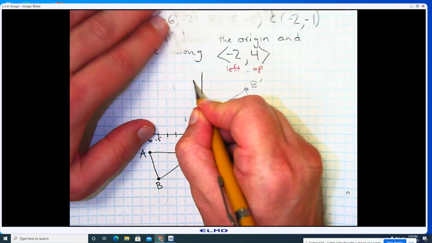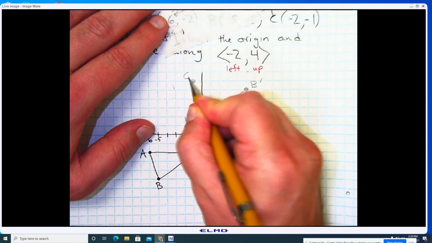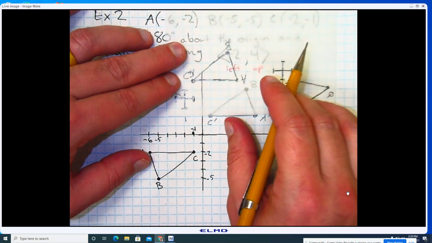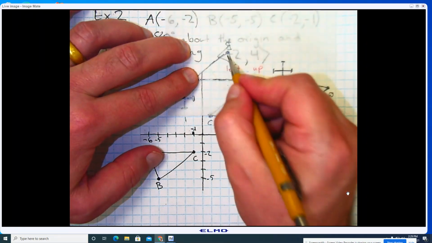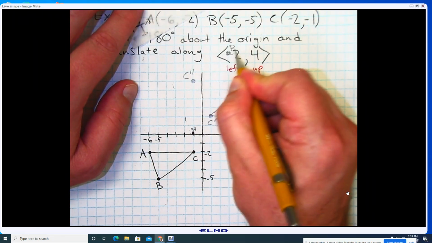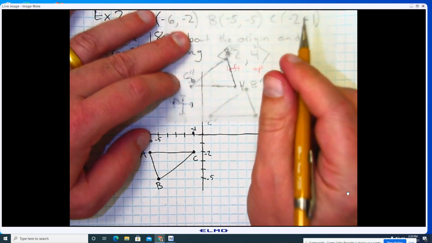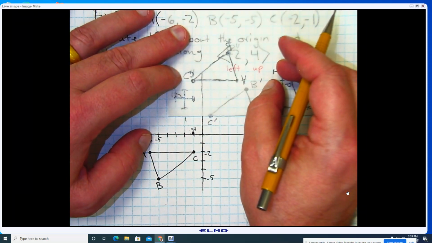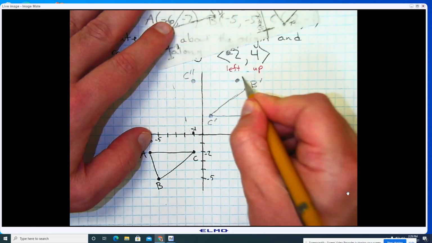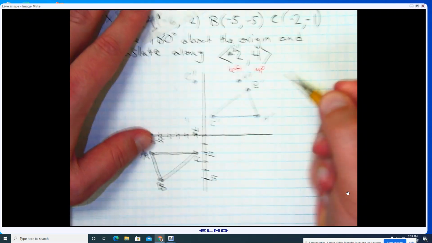So here's C double prime. Here's B double prime. And here's A double prime.